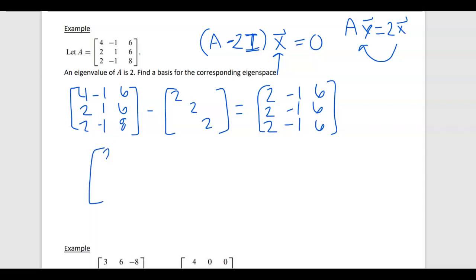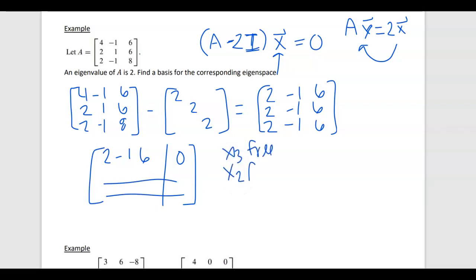So if I augment that with 0, then I know that these are all just going to be repeated, so they're all out. So I know that x3 is free. I know that x2 is free. I also know that 2x1 must be equal to x2 minus 6x3. And so maybe I'll write it up here in this space. x1 must be equal to 1/2 x2 minus 3x3.